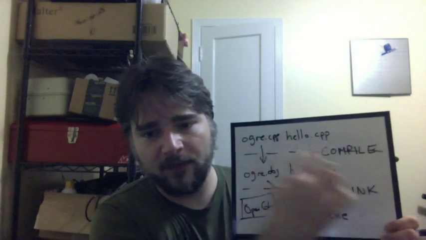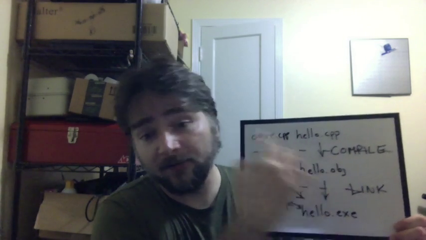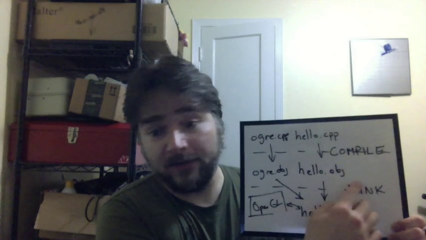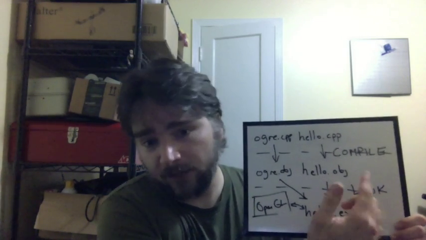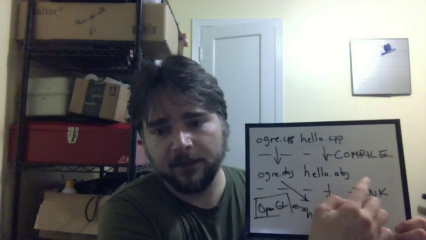We have our source code. We might have other people's source code. We have our compiled version of our source code. We might have other libraries that have gotten included, so third-party libraries.